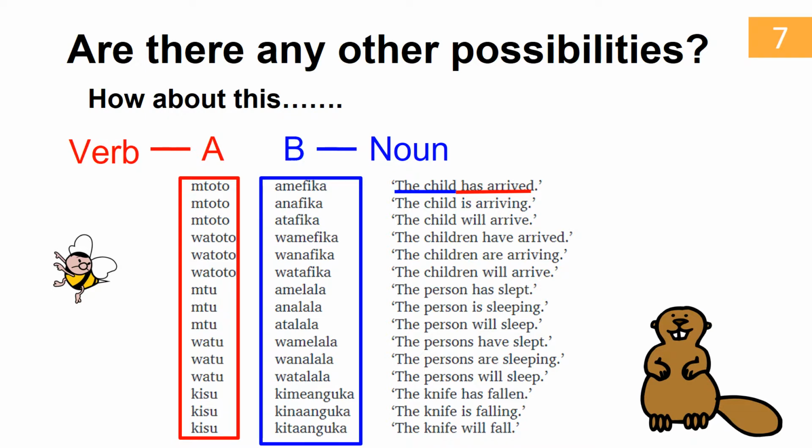However, we quickly found that this wasn't the case, because then toto would have two translations, has arrived and is arriving, and there would be two words for the child, amefika and anafika. Most people would consider it illogical. So, we can conclude that in Swahili, nouns do come before verbs.